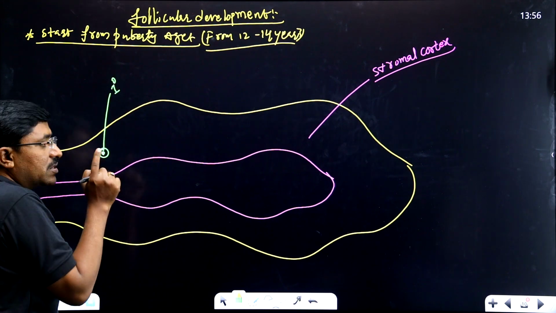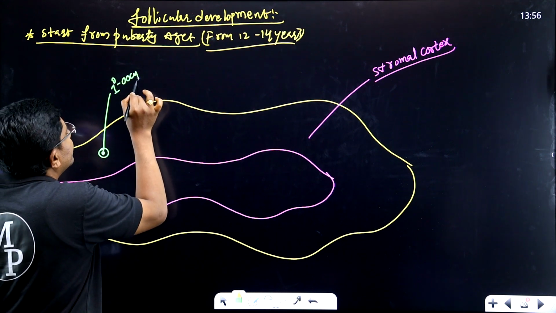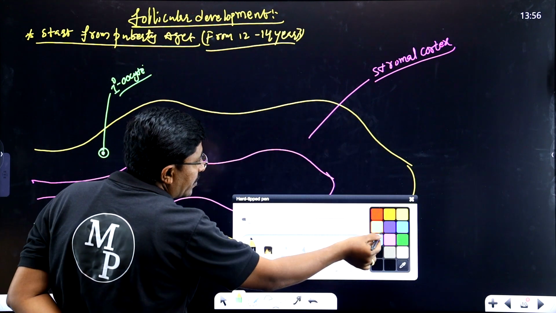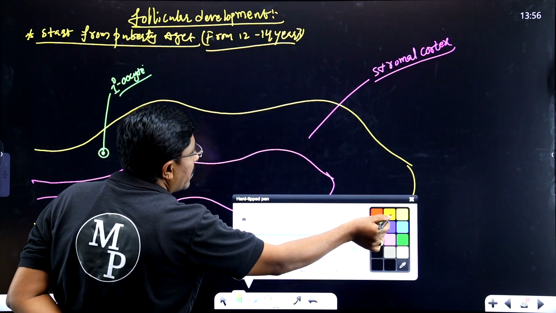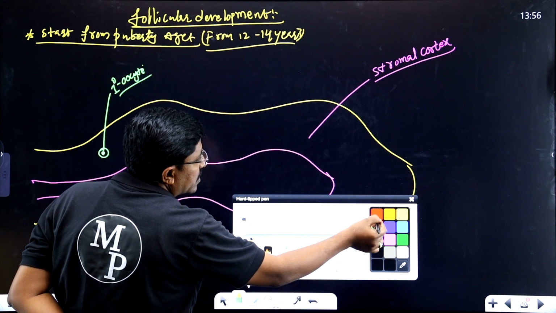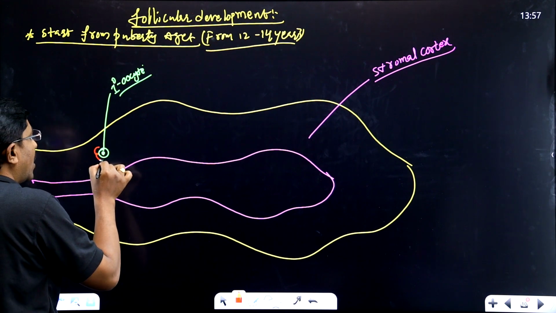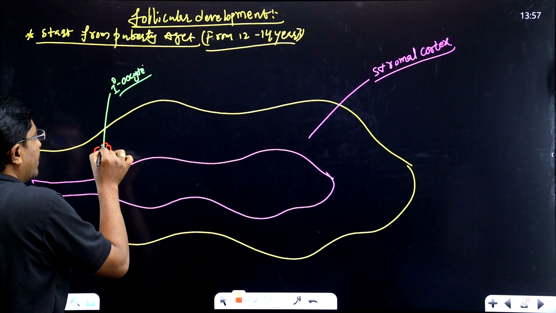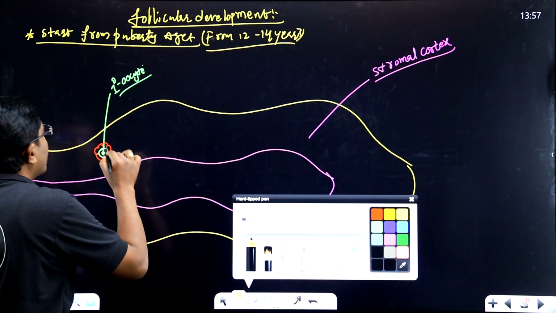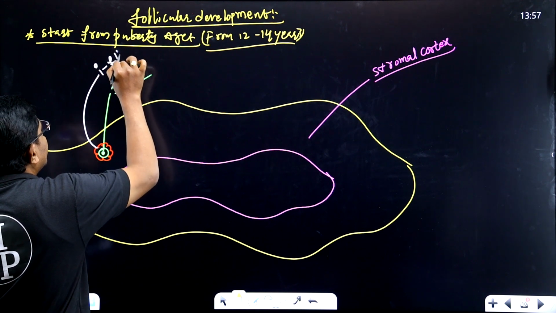I always use a single color for the primary oocyte. Surrounding the primary oocyte are follicular cells; I will use red for follicular cells. Now this is the primary follicle.